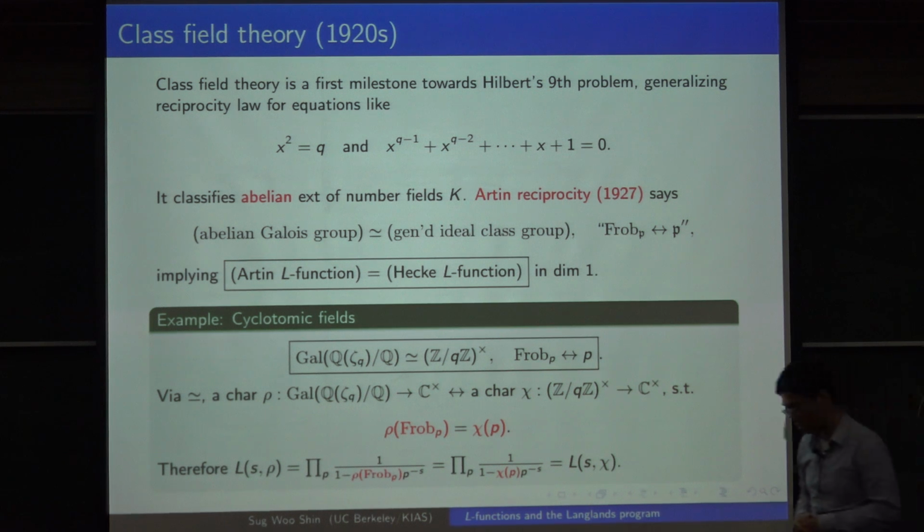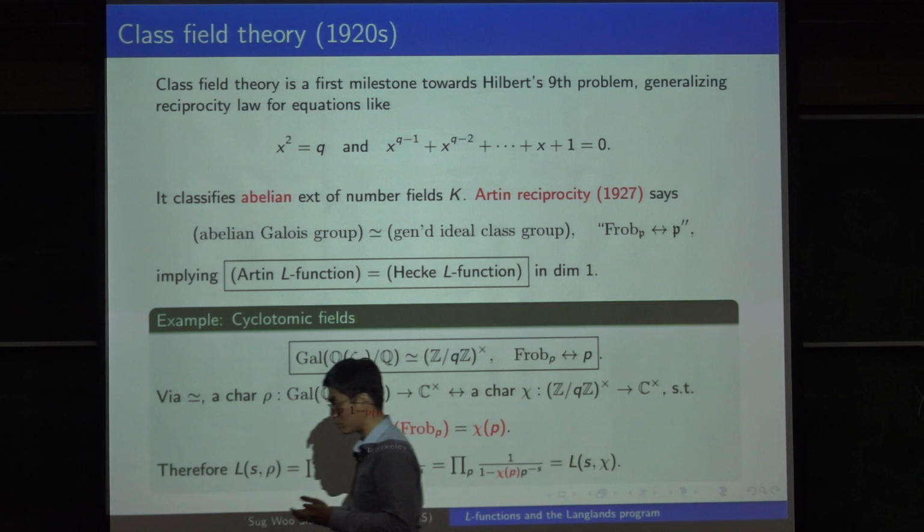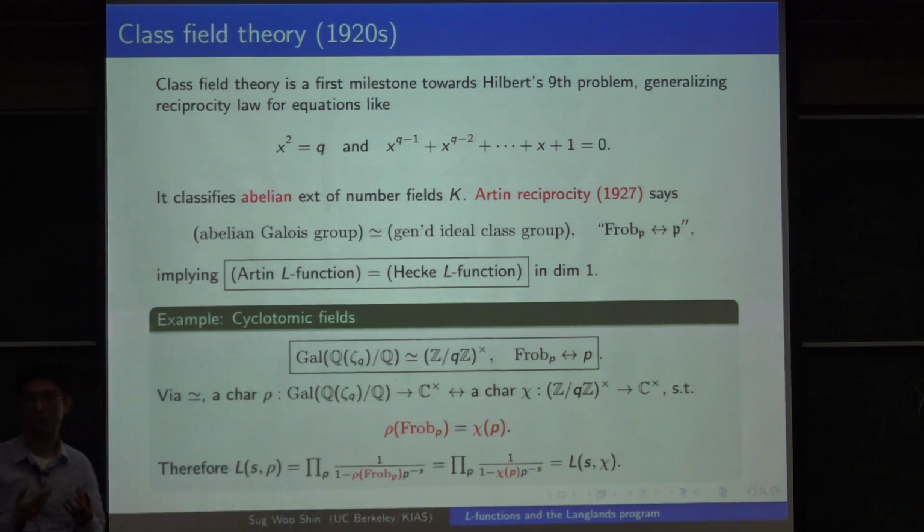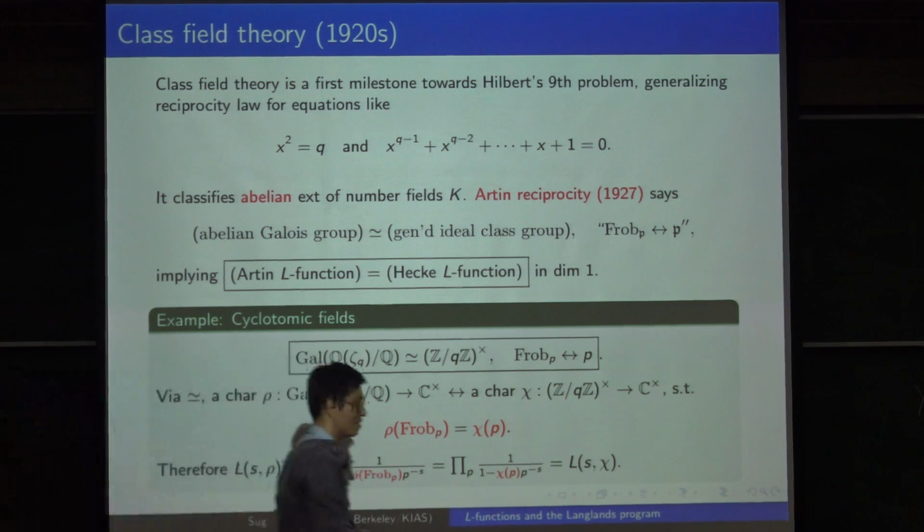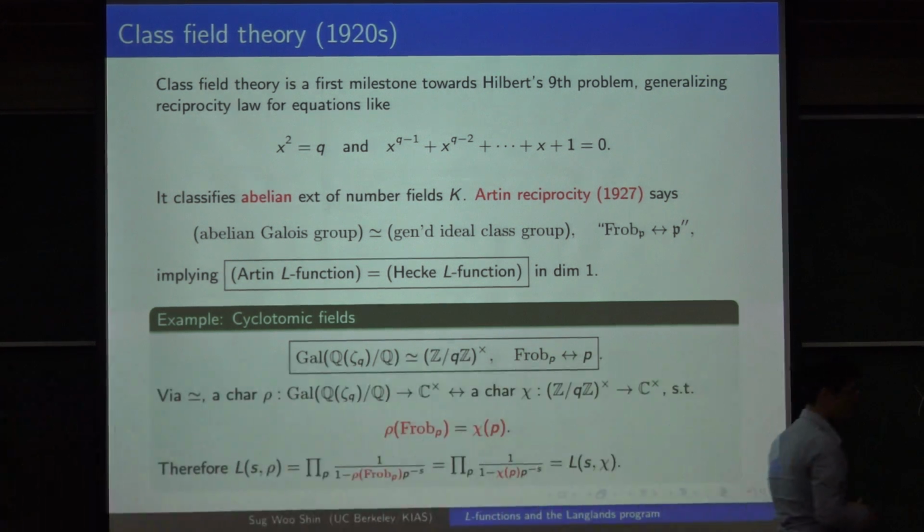A natural question is, well, if you start with a non-abelian Galois group and a genuinely non-abelian representation, there's still an L-function in Artin's world. What is the corresponding L-function on the other side? And you'll see that the Langlands program actually gives you an answer, a conjectural answer. Okay?